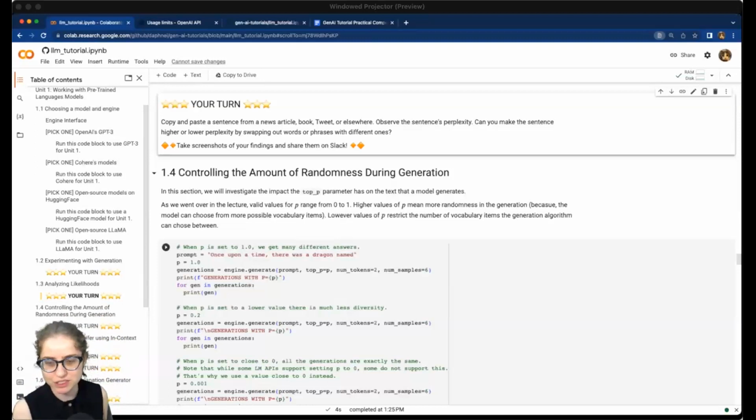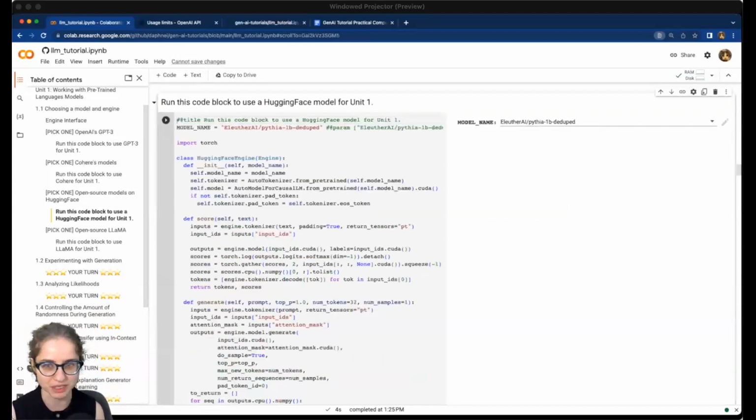For this translate English to Chinese example, some of the language models we've given you access to are multilingual and some are not. So that might not work depending on which model you're using. I think if you used Bloom, it probably would work because Bloom is multilingual. I think GPT-3 is also sort of multilingual. But the Pythia deduped model, this one here, is only English.